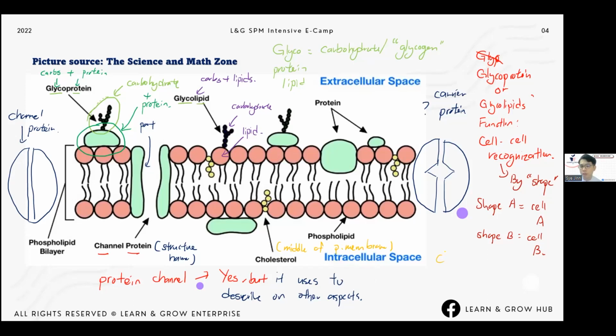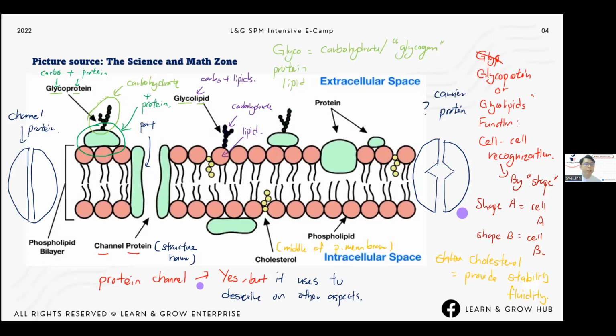As this is a simplified class, we have the answer straight away. The keyword is: the cholesterol provides stability. And another term, fluidity.